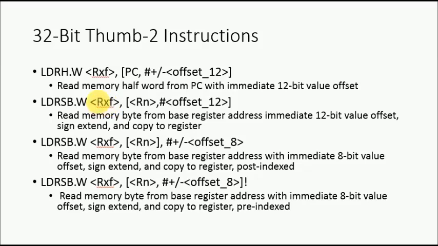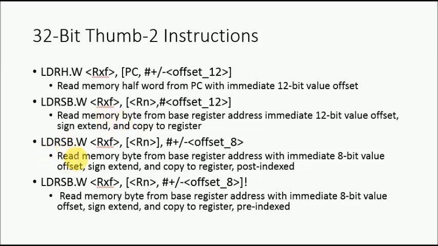You remember, S indicates the sign extended and B indicates the byte. Byte means 8-bit. LD stands for load, R stands for register. So we have to load the register with the signed extended byte. LDRSB, again it is a signed byte. Only the format is different.